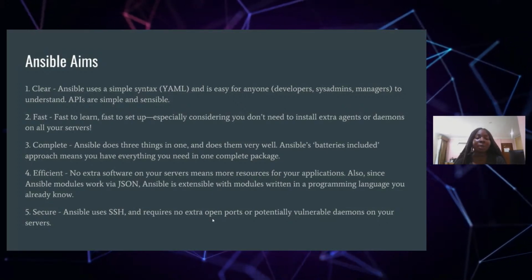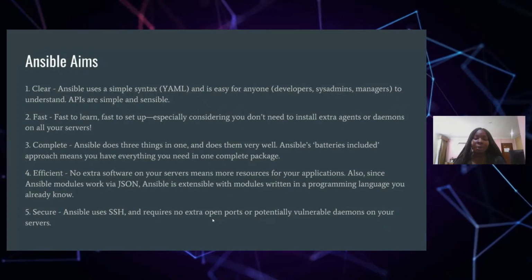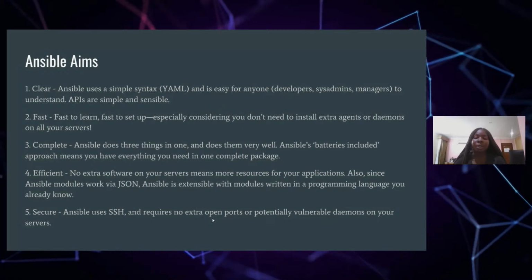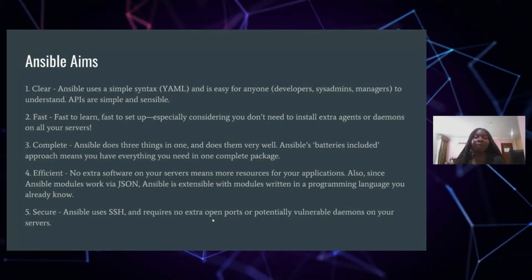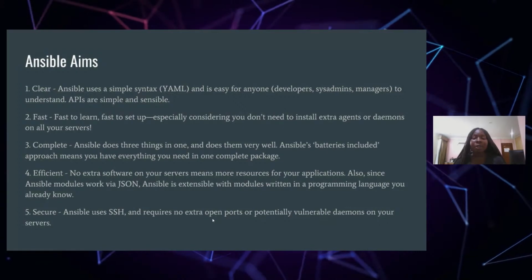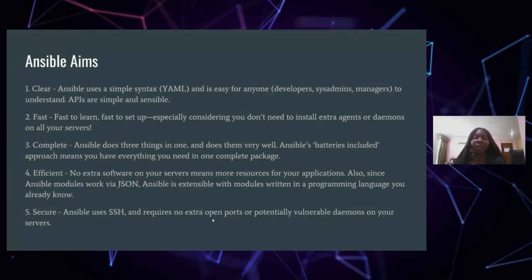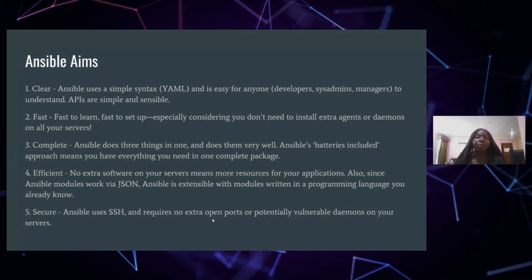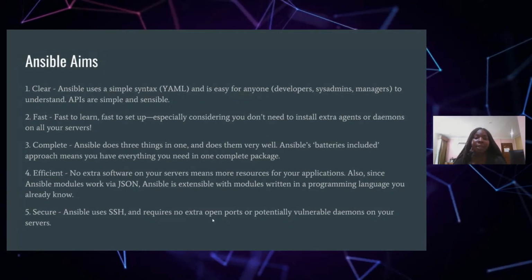You can just run everything from your system. We are going to see that later during the demo. With other tools you would have to set up a master and slave, which can be very complicated if you are still new to DevOps. So Ansible is very fast to use, and it's complete in this sense.